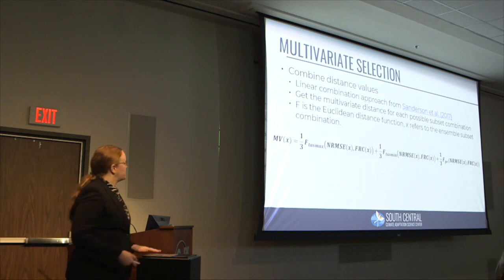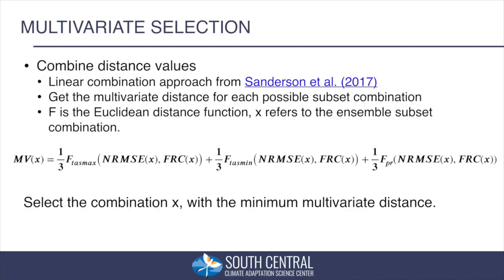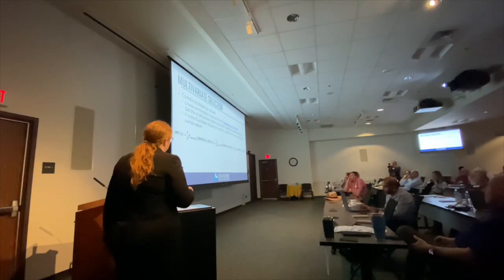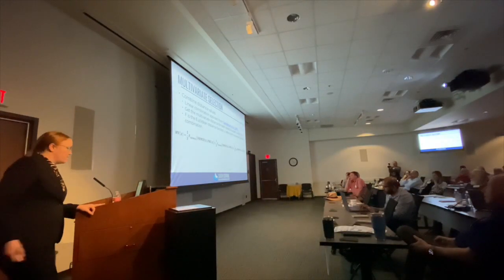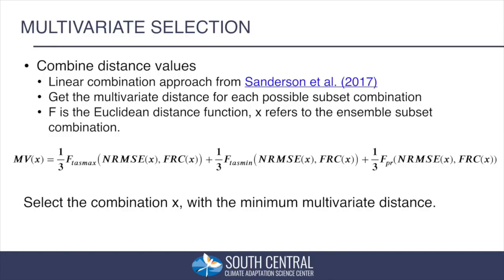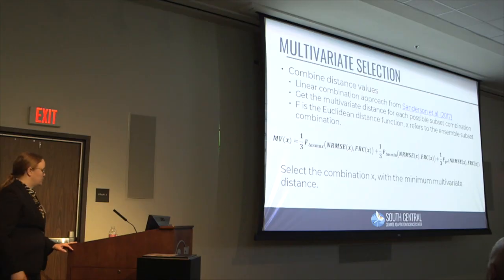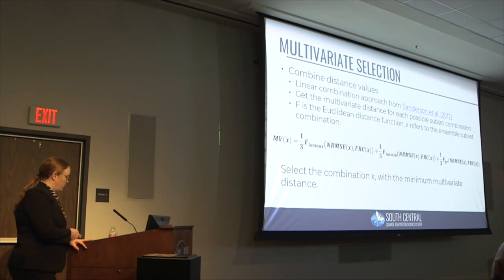It reduces to a linear combination because it's equal weighting for every variable, where you have the Euclidean distance for high temperature, low temperature, and precipitation combined together in a multivariate distance for each possible ensemble subset. And from that, we look for which subset has the smallest value to choose which models we work with.